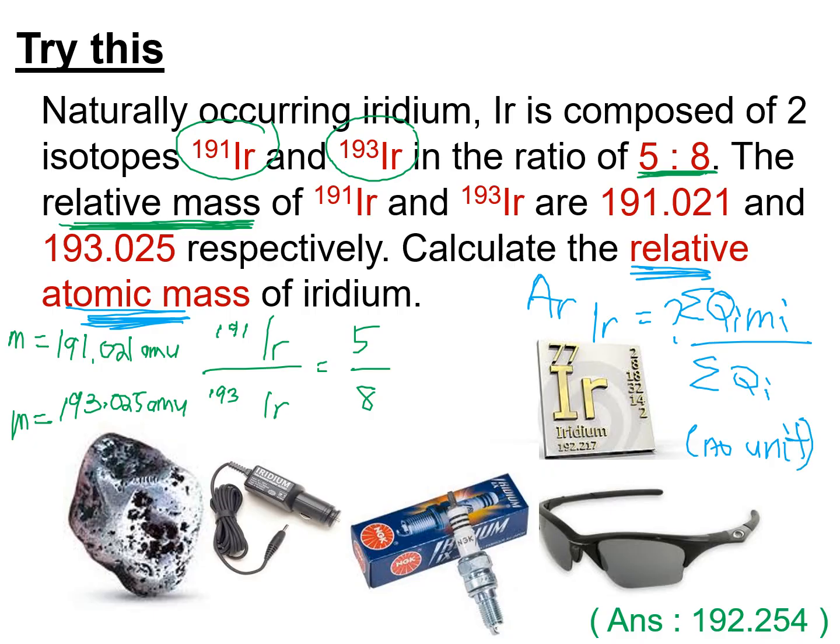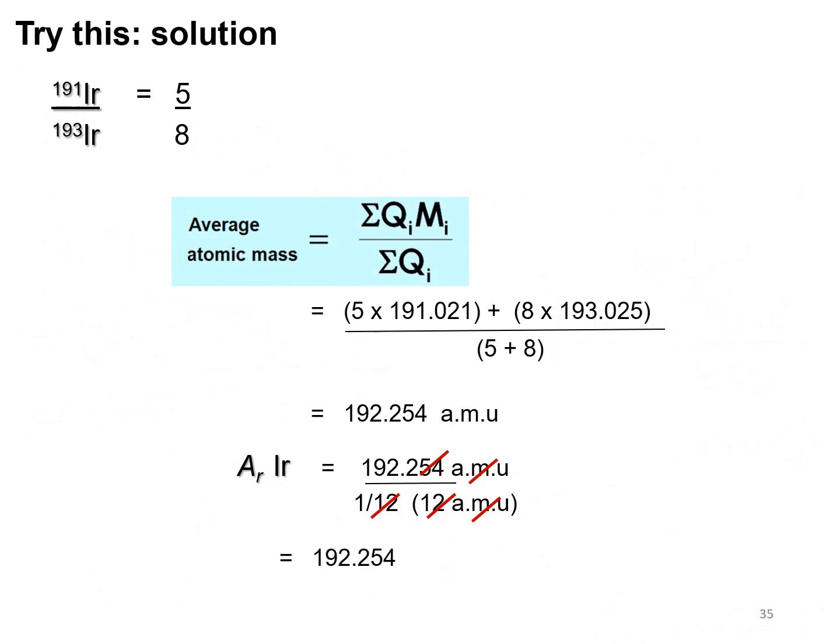Okay, so let's look at this slide. Okay. Tadi kita dah tengoklah dia bagi ratio kan. Inilah ratio untuk 191Ir to 193Ir, which is 5 to 8 kan. Okay. And then also dia dah bagi relative mass untuk 191Ir.